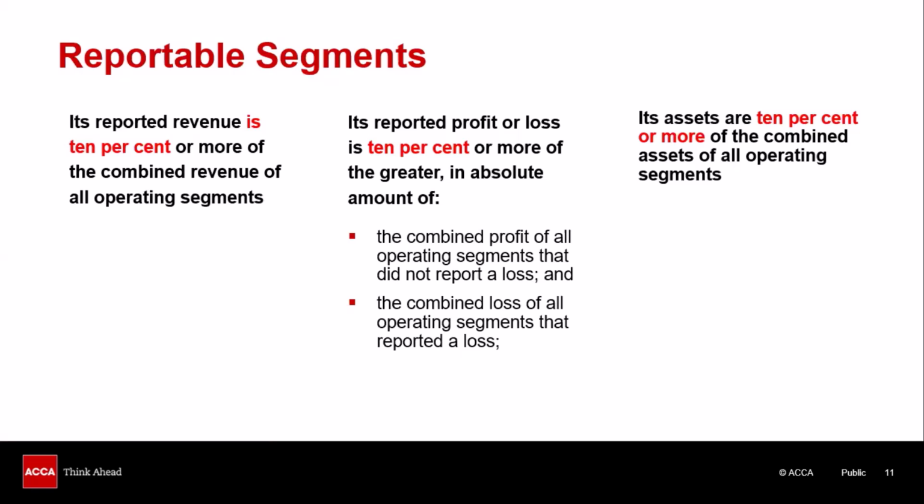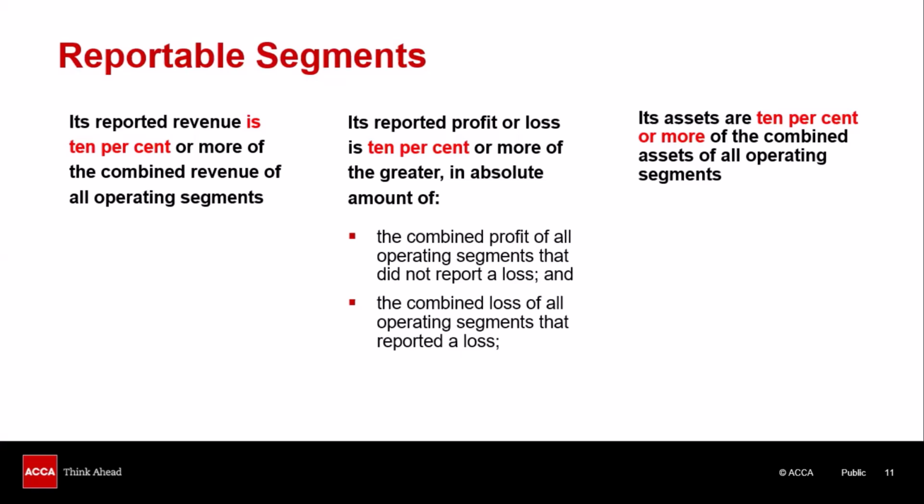So if the reported revenue is 10% or more of the combined revenue of all the operating segments, then it's a reportable segment. So that's both internal and external. So when you are looking at a question, before you use this threshold, first add internal and external revenue, then you apply the threshold because it's combined revenue.